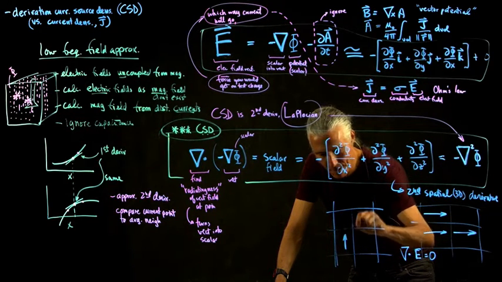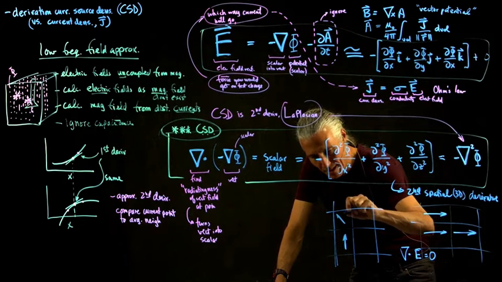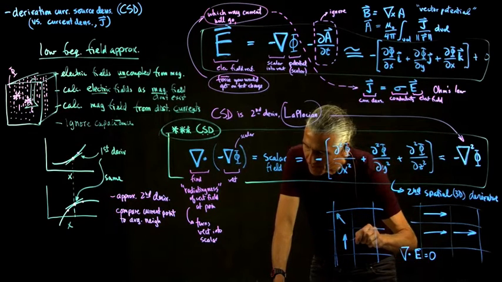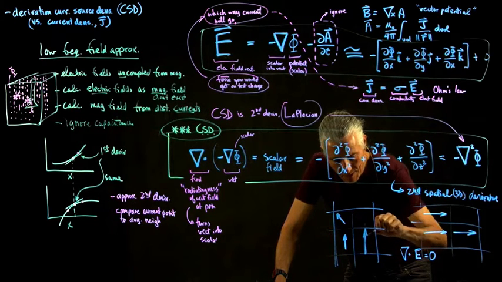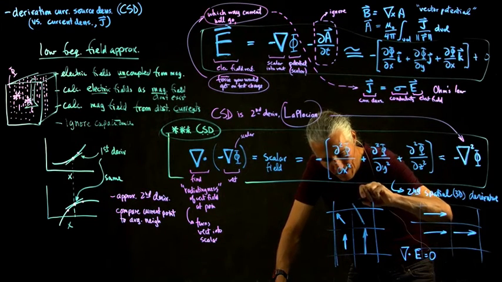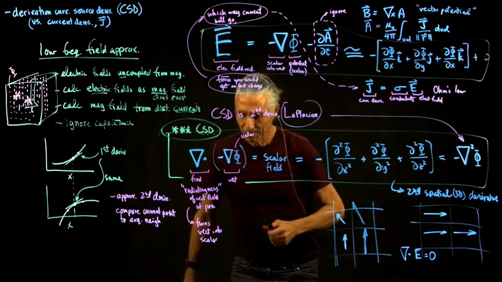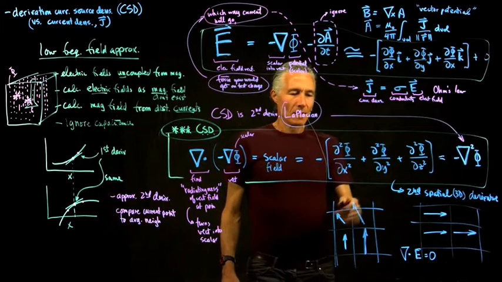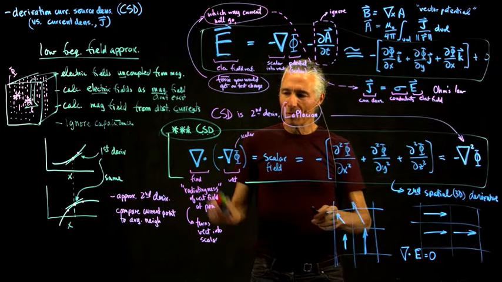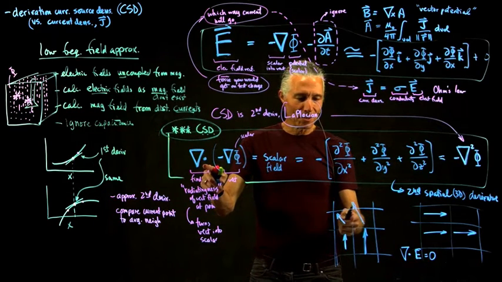So say the vector is like that, and then it's like that. And then over here, say it's a kind of circulating field. The vector is like that. So let's try this divergence on this guy.